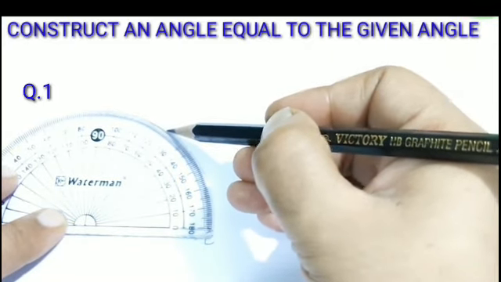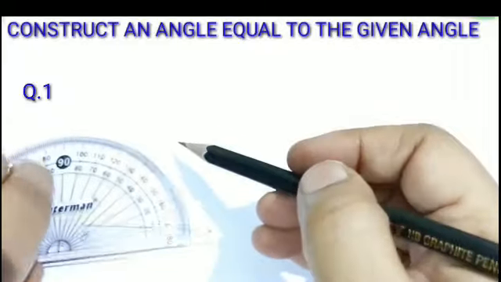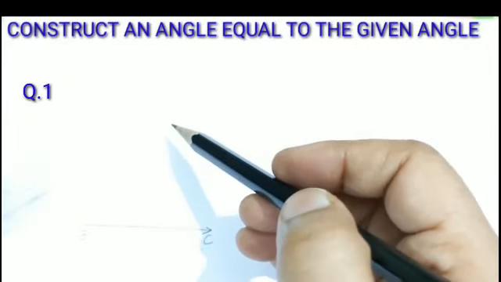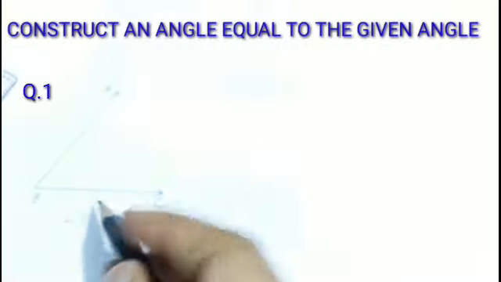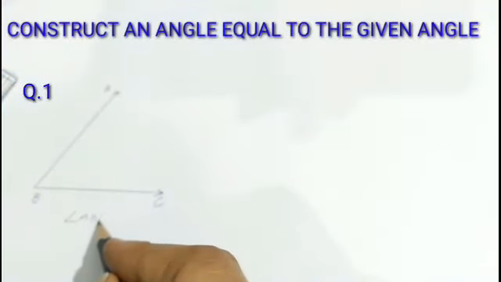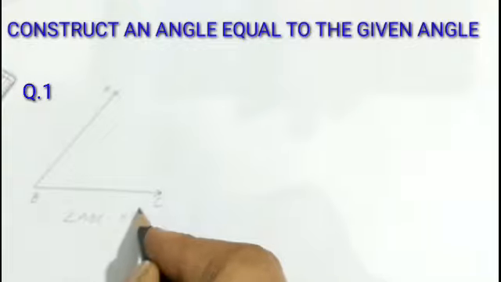Mark the point at 56 degrees and complete this angle using a ruler. This is the given angle ABC equal to 56 degrees.